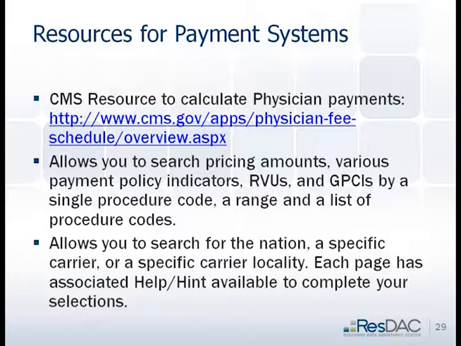So again, it allows you to search on a national basis or for a specific carrier. If you're only interested in a particular state, it will give you that information. Or even if a large state has a specific carrier locality code, because there are different prices within that state, it'll provide you all that information. So again, each page will help you get through the prospective payment fee schedule for physicians.